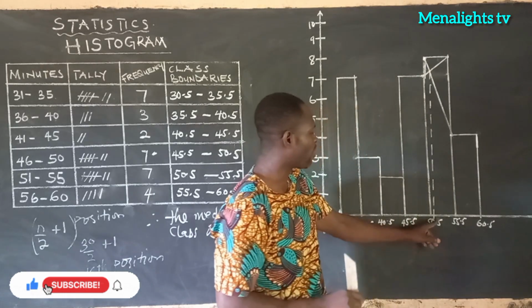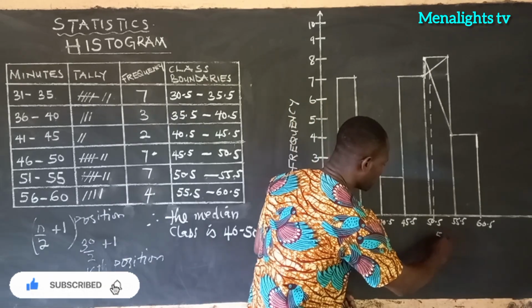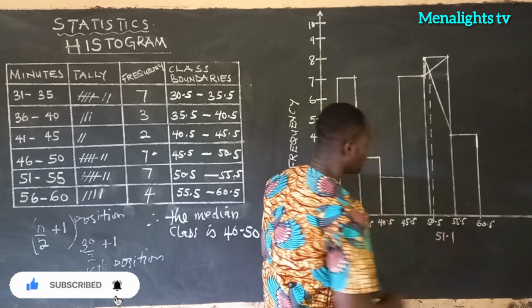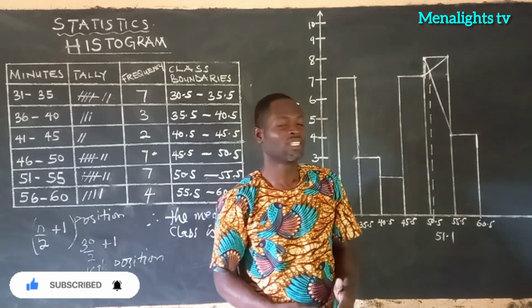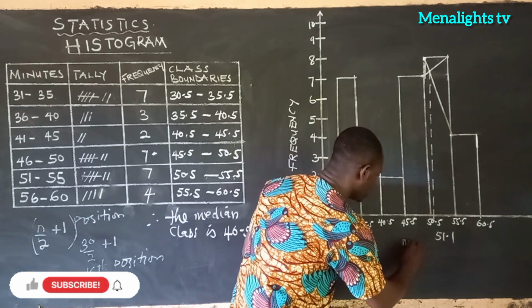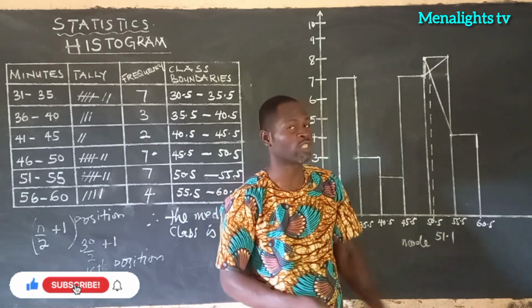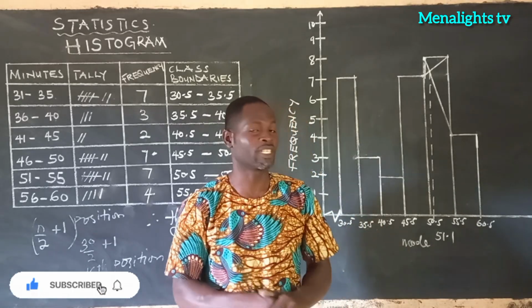Then we have our value here, and this value becomes our mode. 51.1 or 51. So that 51.1 or 51 is the mode.